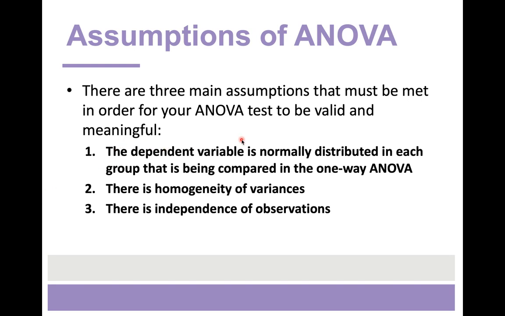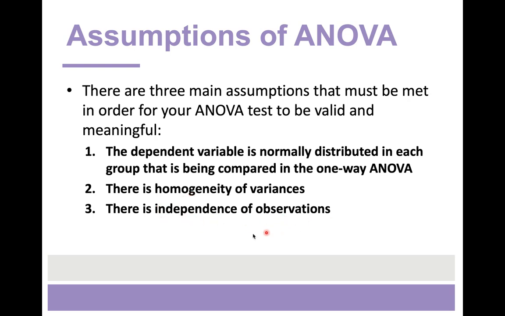So the dependent variable, our outcome, in the case of our example, our symptoms or the effectiveness of the medication, is normally distributed within each group, that there's homogeneity of variance, meaning that all 3 groups have similar levels of variability, and that my 3 groups are independent of one another.